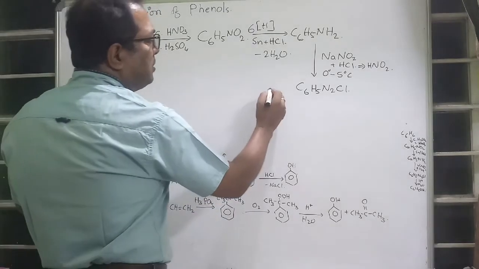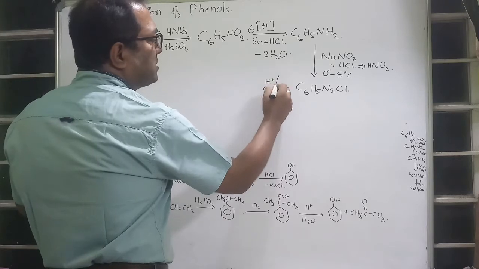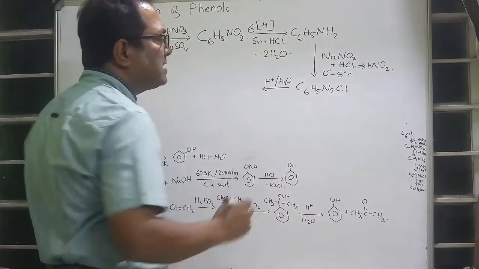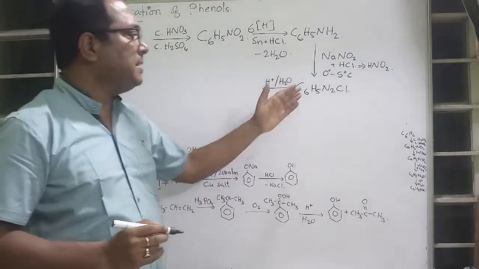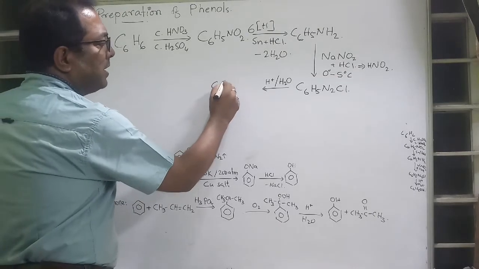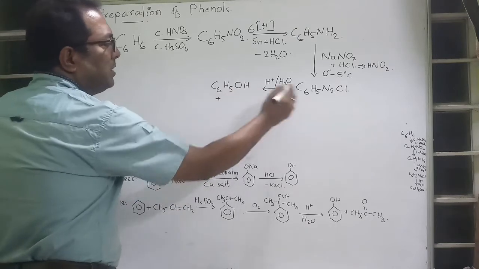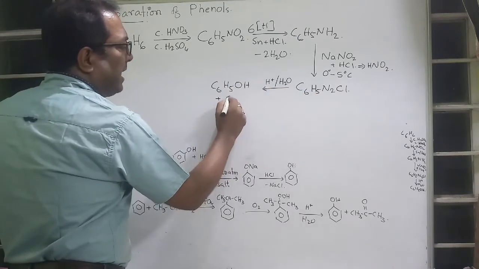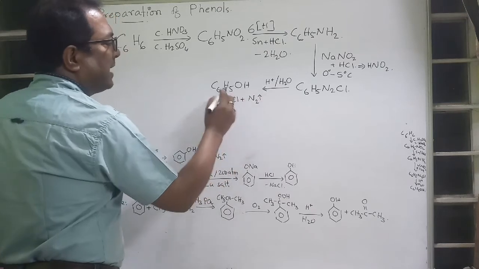And benzene diazonium chloride, when you go for acid hydrolysis, that means when you add sulfuric acid in water and pass this benzene diazonium chloride, you get here C6H5OH. Together with it, H will take the Cl and form HCl, and N2 will be in the form of a gas.